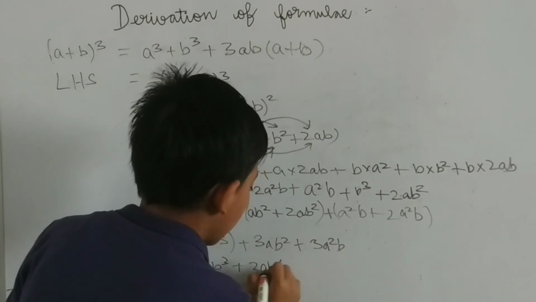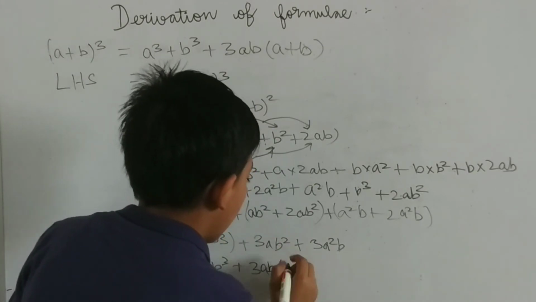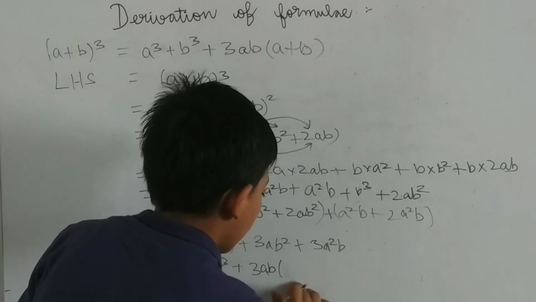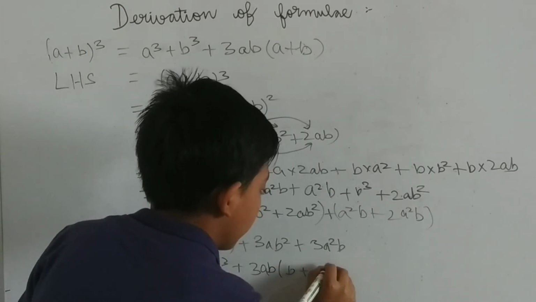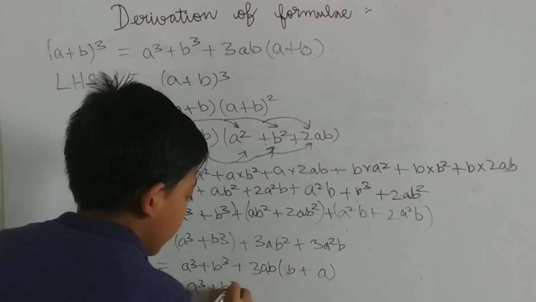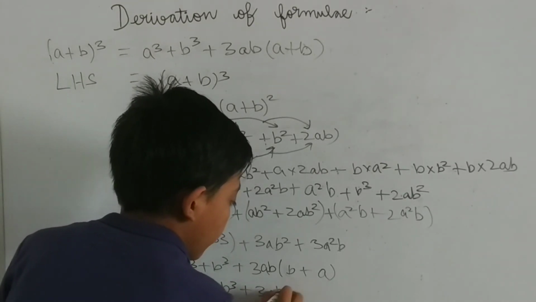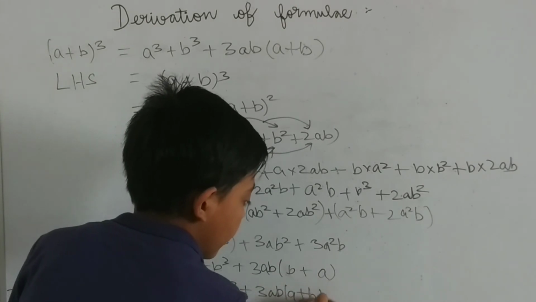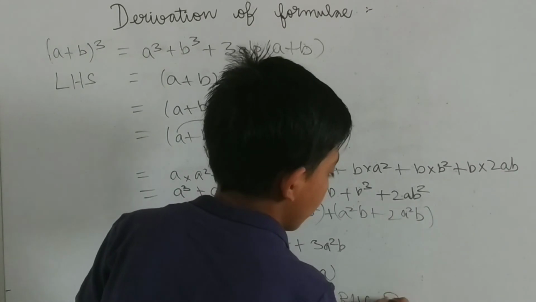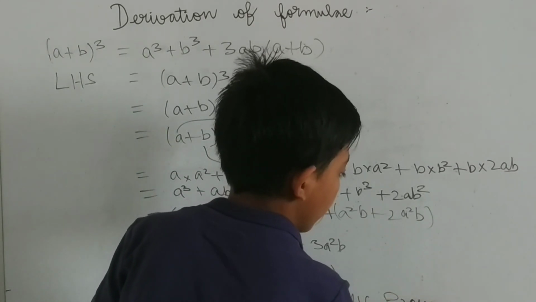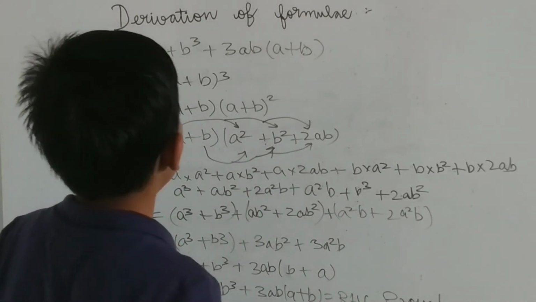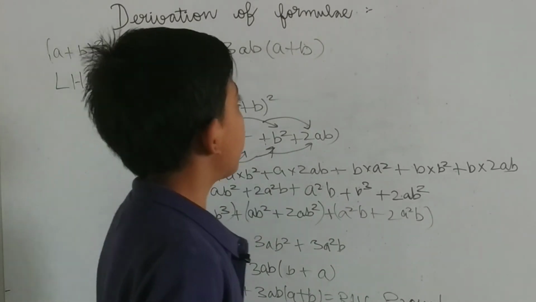So in bracket now 3ab will be common and it's b + a, or it can be written as a³ + b³ + 3ab multiplied by (a + b). And that is the RHS. Hence we have proved, taking the LHS, that (a + b) whole cube equals a³ + b³ + 3ab multiplied by (a + b).